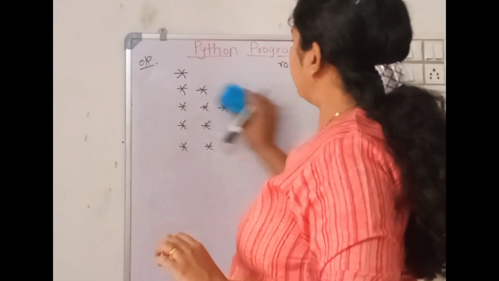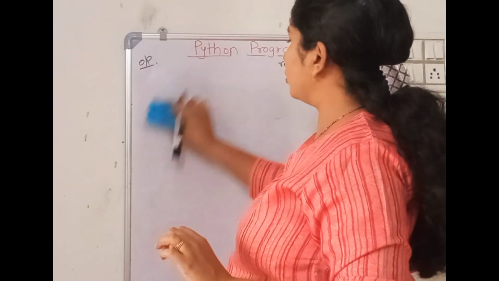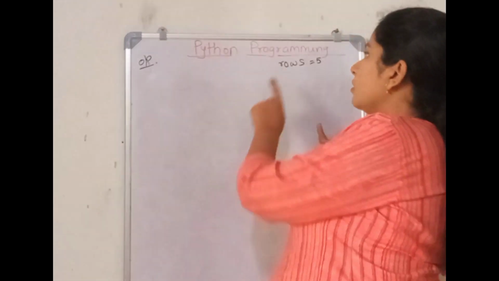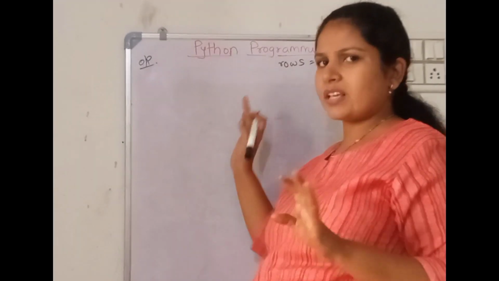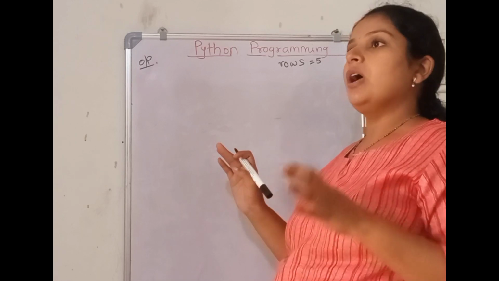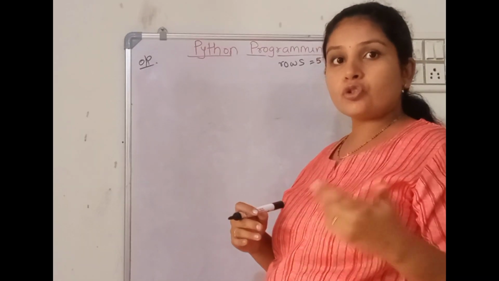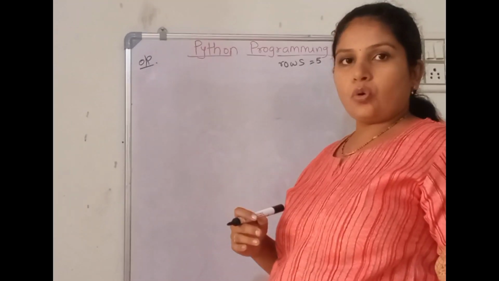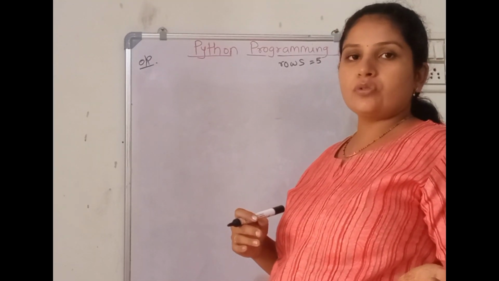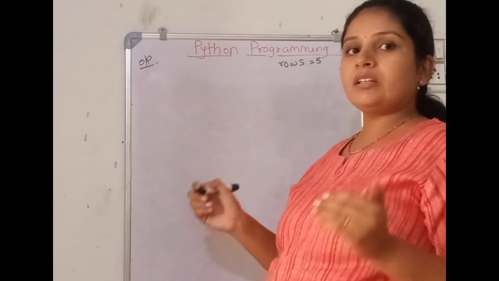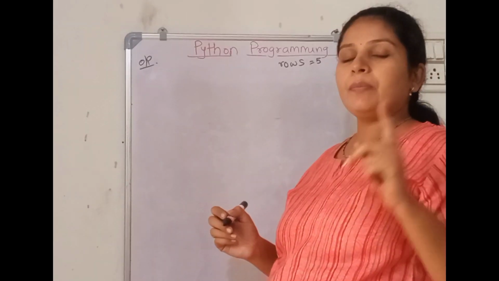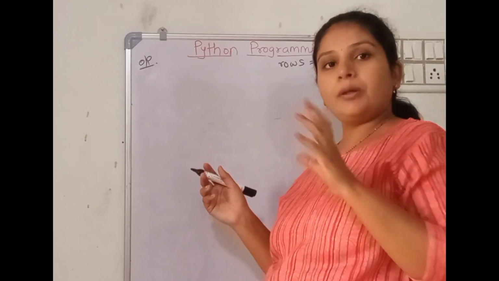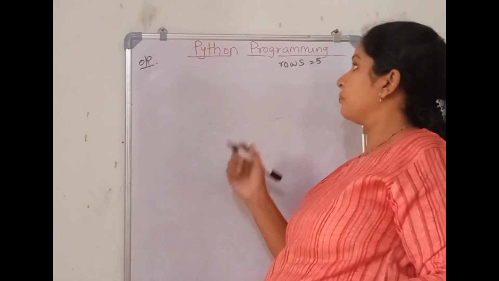Now let's take the code and see how the code will work for the specific pattern. Here we have considered the rows as 5 because our output requires it, but we are giving the user a chance to give as many rows as the user wants. So here I am taking the input from the user. Remember those two functions, integer and input, while you are taking a number as input in the program.